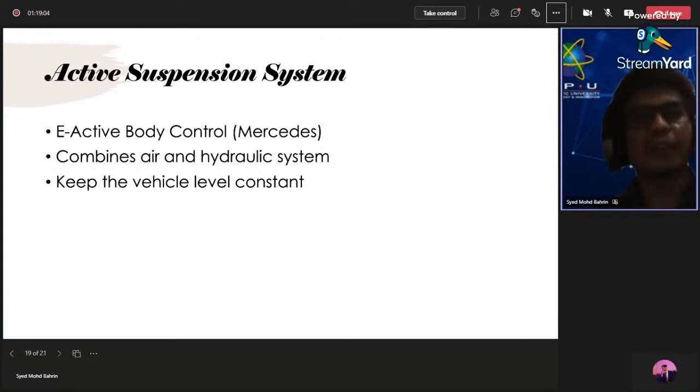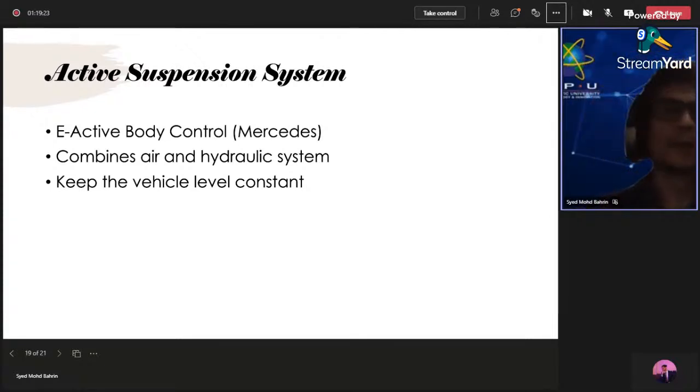Only some luxurious models change into an active suspension system. One thing, they want to improve the performance further. Second, maybe, I'm not sure, maybe they want to find a reason to increase the price of the car. Maybe, I'm not so sure.